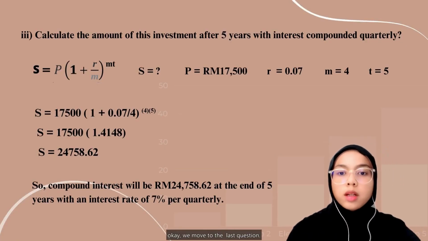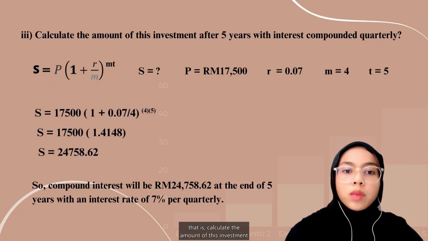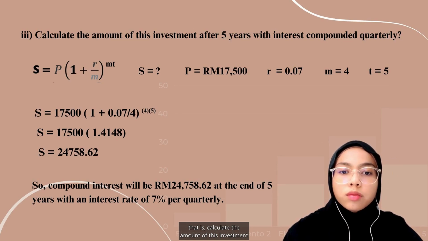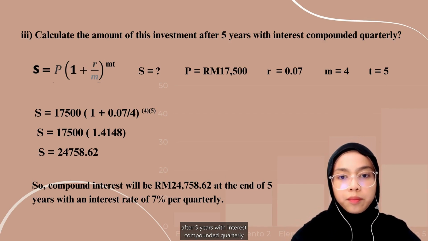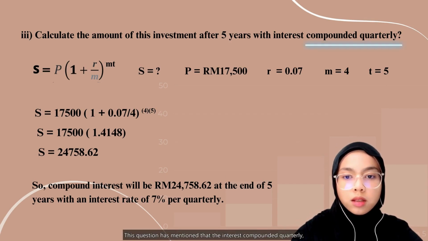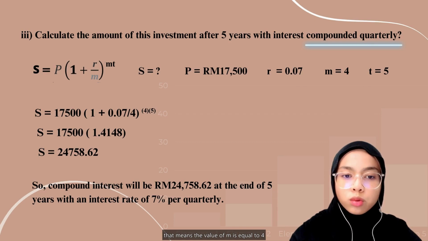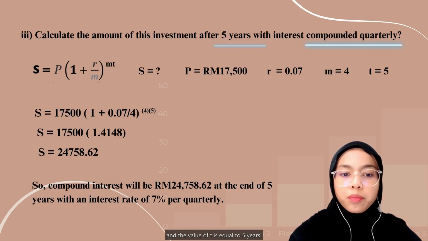Okay, we move to the last question, that is, calculate the amount of this investment after 5 years with interest compounded quarterly. This question has mentioned that the interest is compounded quarterly. That means the value of M is equal to 4 and the value of T is equal to 5 years.